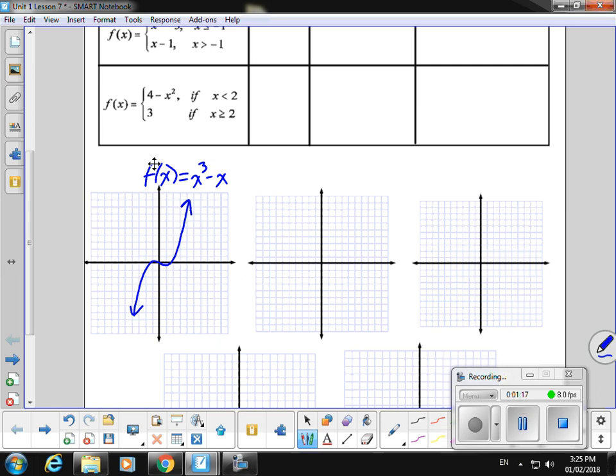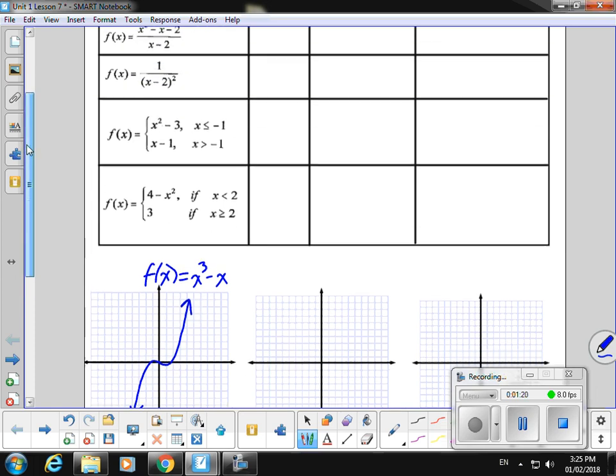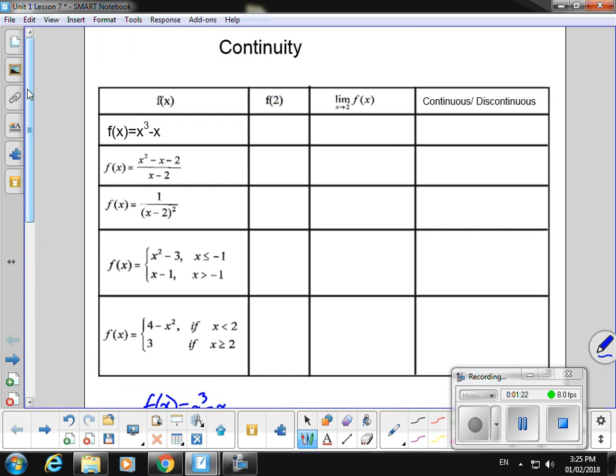We know with this cubic function that it is going to be continuous, and it's going to be defined at f(2). So if I put a value of 2 into the function, I get 6.